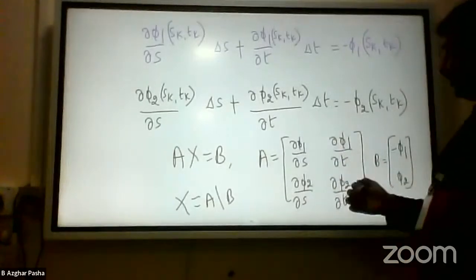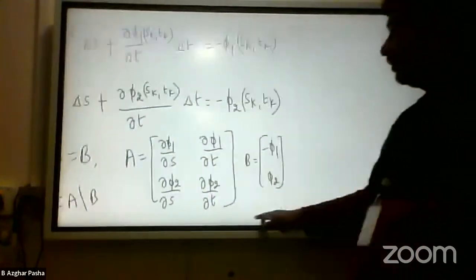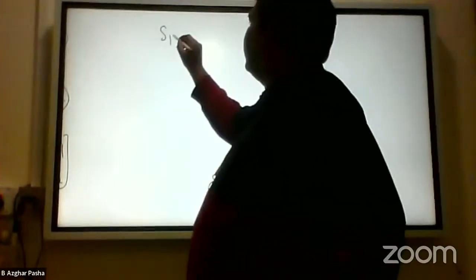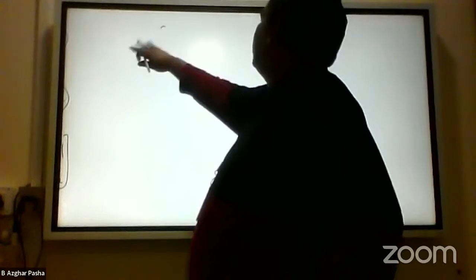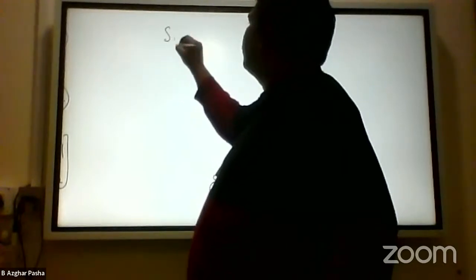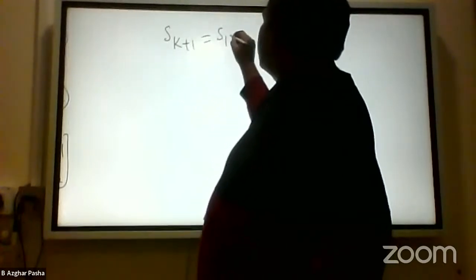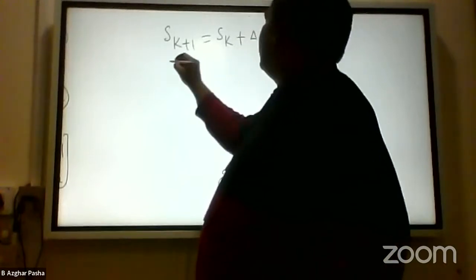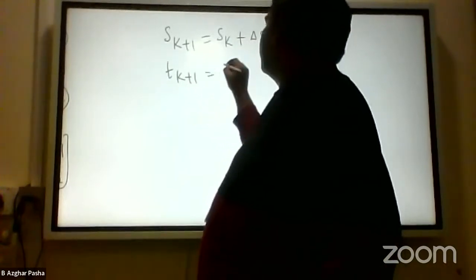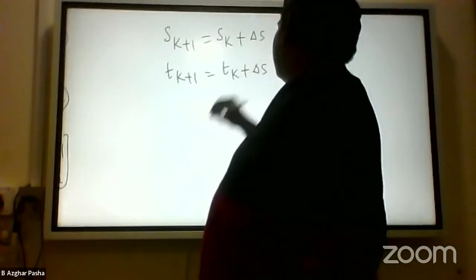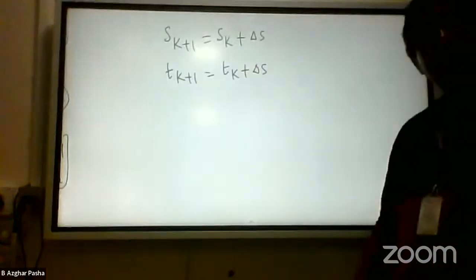Then you will get delta s and delta t, and then you can improve the values. The iteration is sk plus 1 equals sk plus delta s, tk plus 1 equals tk plus delta t.